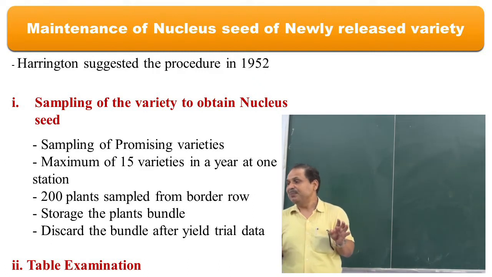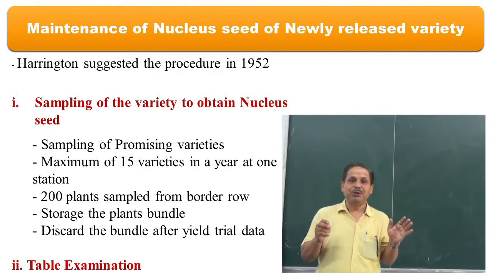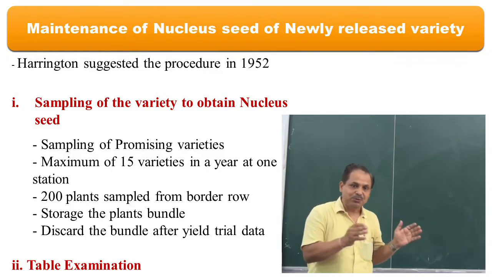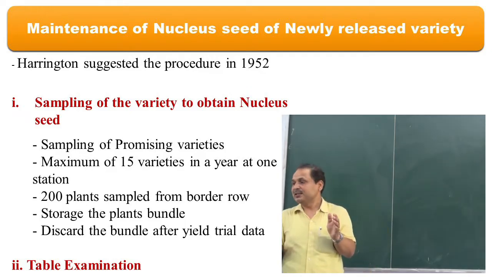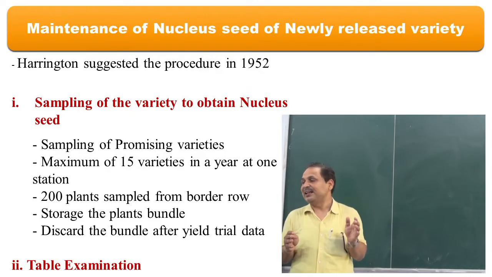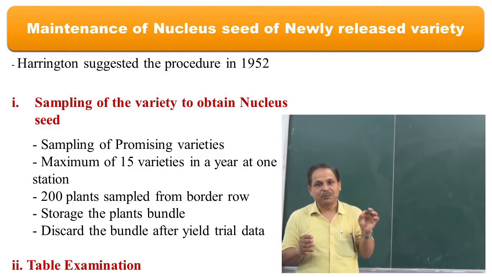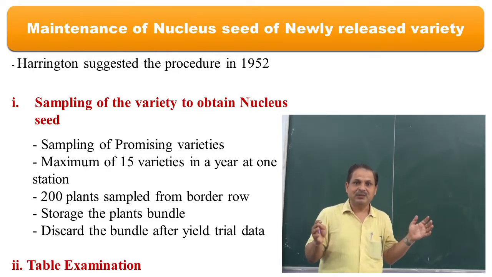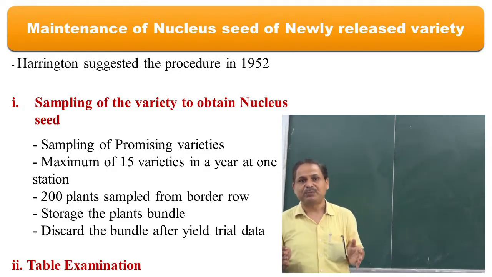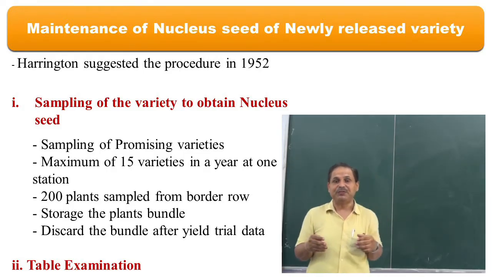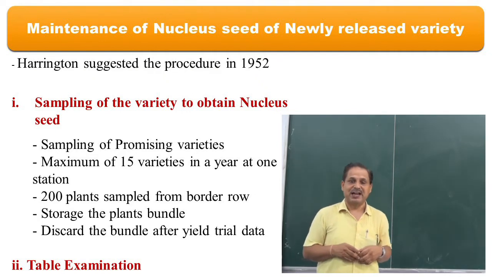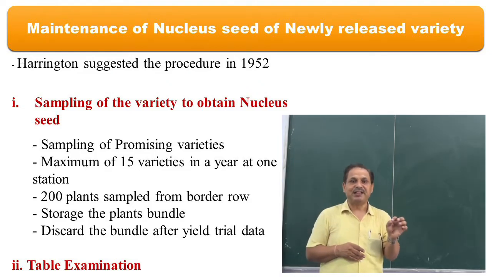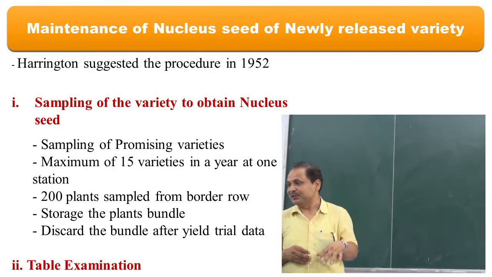So sampling of promising varieties is done; we take at least some promising varieties into the production process, a maximum of 50 varieties in one crop season at one location, because unless we limit the number of varieties for nucleus purification, it is very difficult to maintain them. That is why we should take 15 newly released varieties for this purpose.